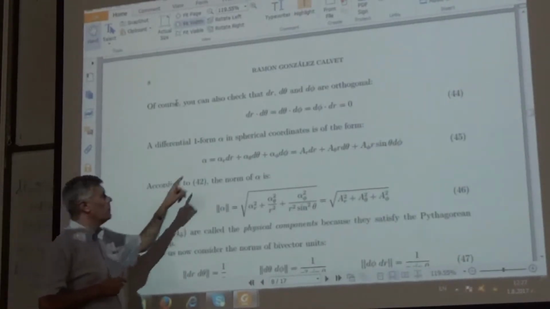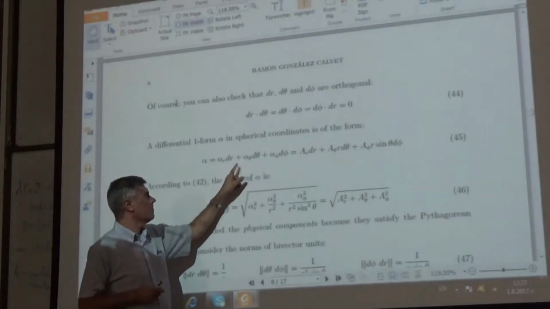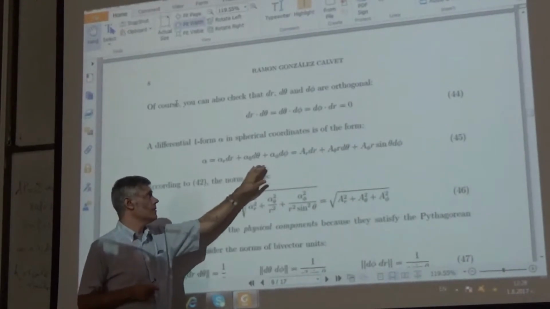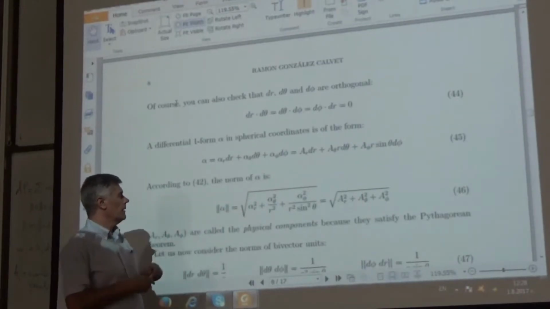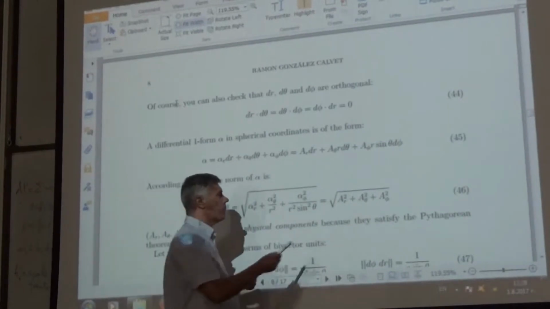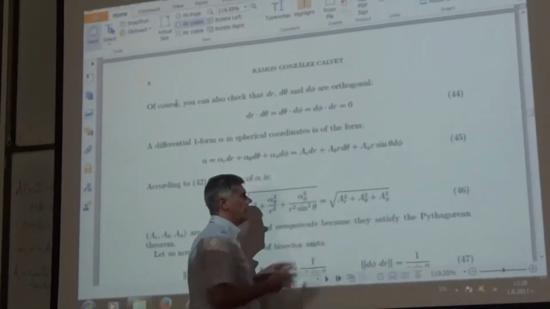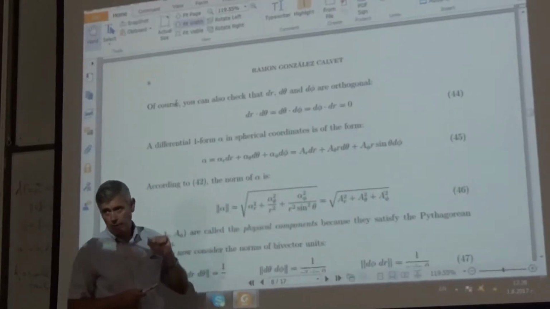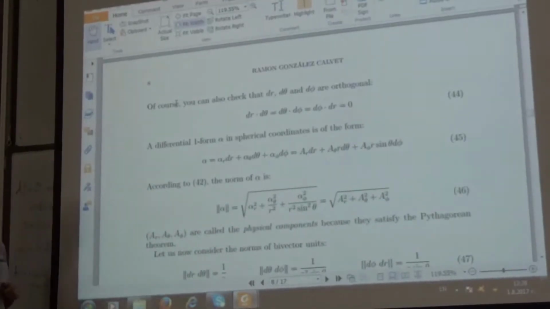So, if we use the components written in the basis of differential coordinates, the norm is this. But using the physical components, the norm is this, in the basis of omega. This is the concept of norm in geometry.